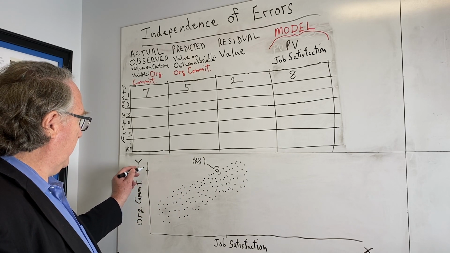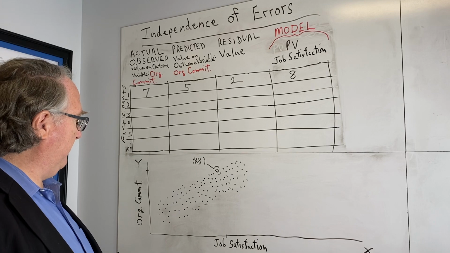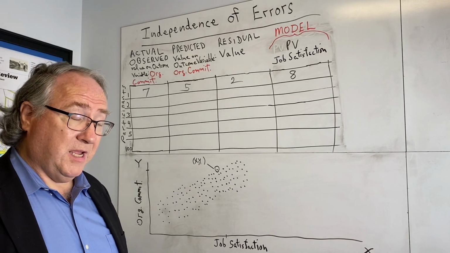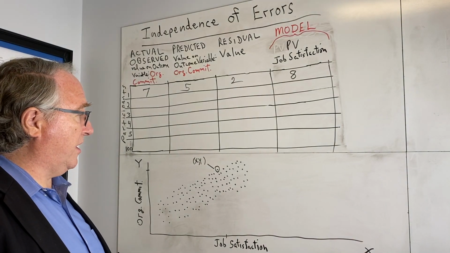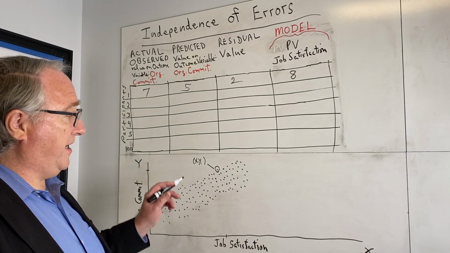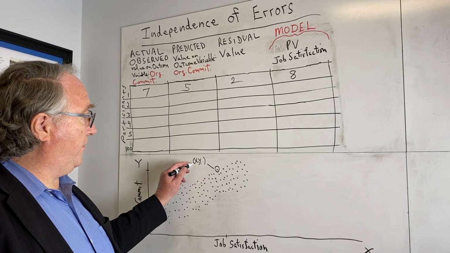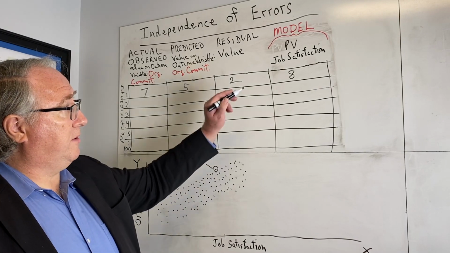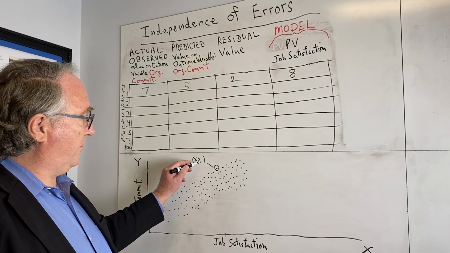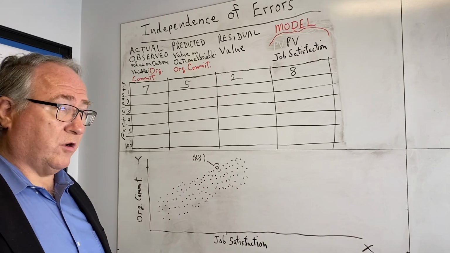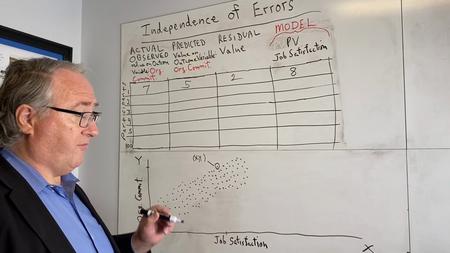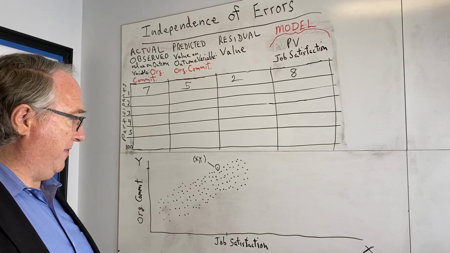So each dot is a combination, for each participant, of their score on the predictor variable, job satisfaction, and their actual observed score on the outcome variable, organizational commitment.